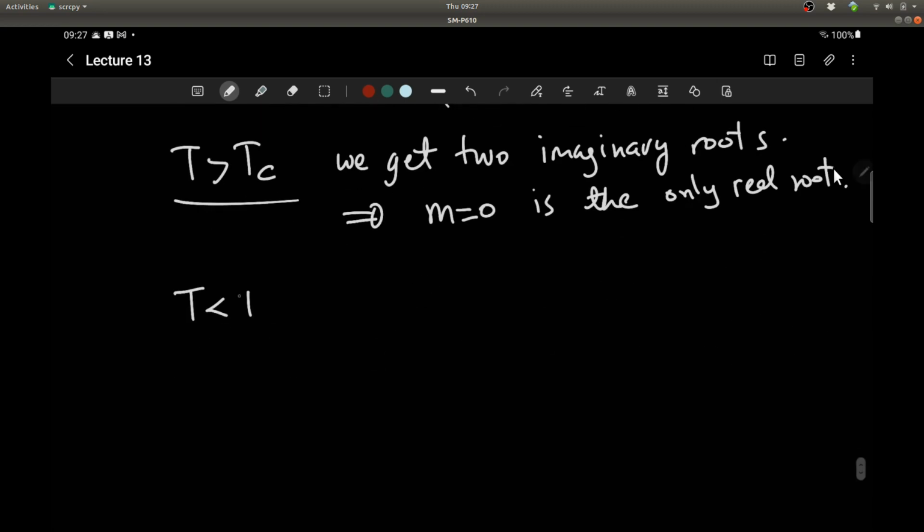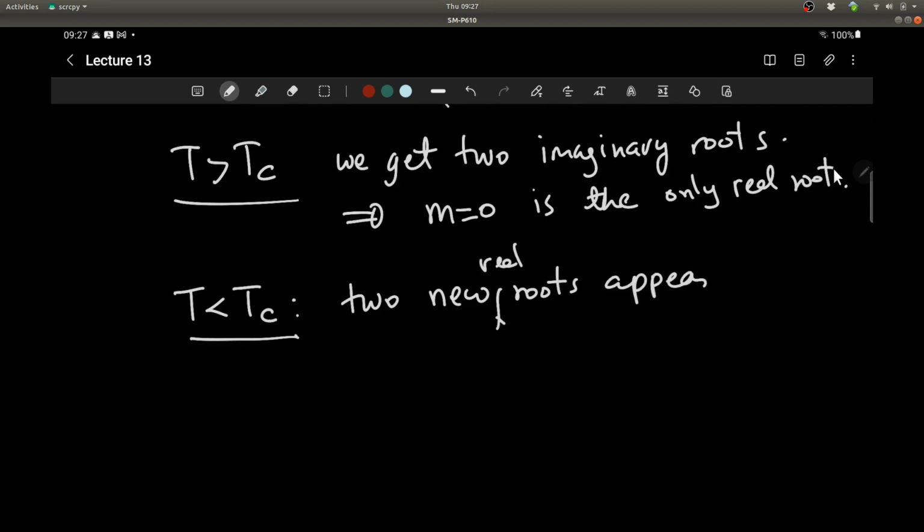T less than tc, now two new real roots appear. Okay, and what are they given by? It's just 2m star.